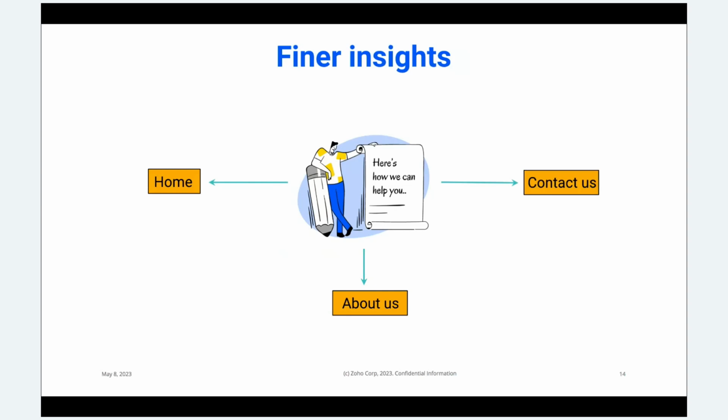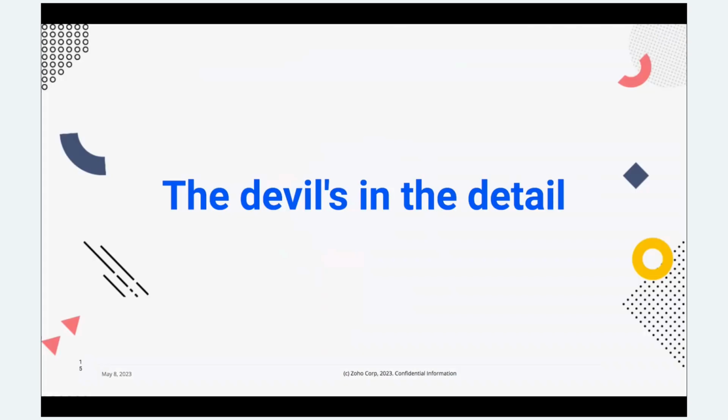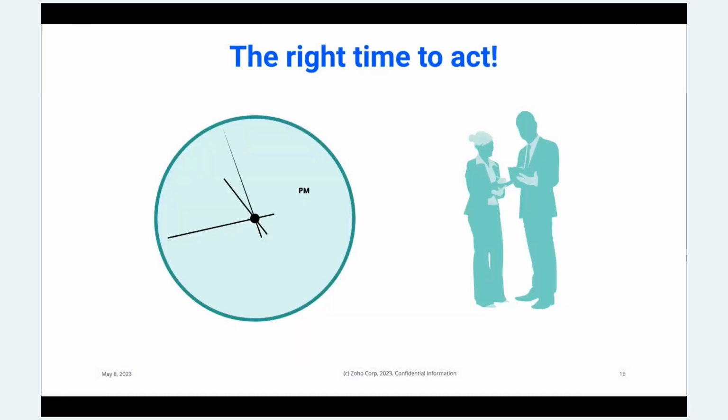If you have the same form, how is it doing on each of these different pages? Web form analytics by page is something you can do with CRM today. Like they say, the devil's in the detail. It may seem like a small thing, but it goes a long way in making your CRM more productive and making sure that everything is perfect. So these are some examples.